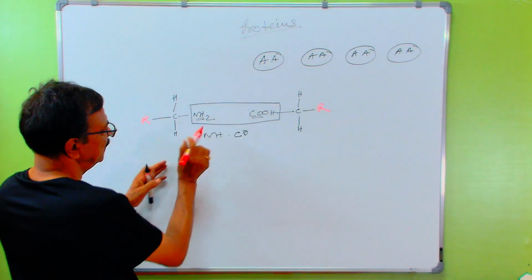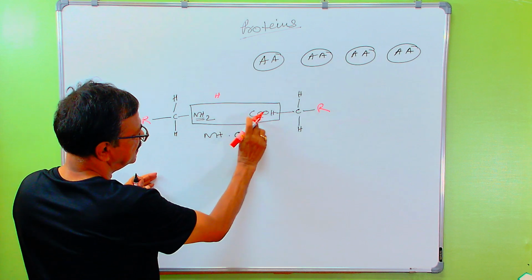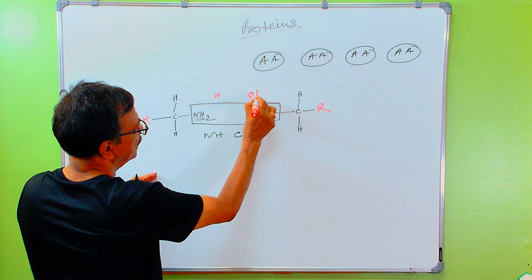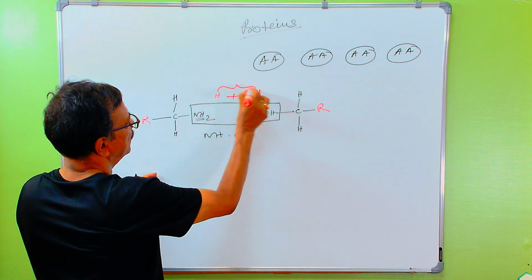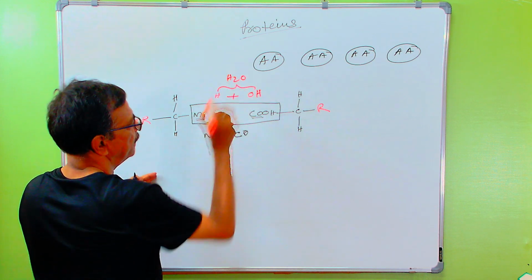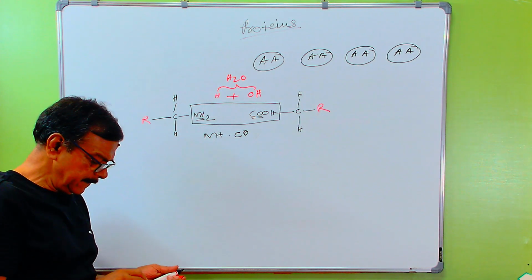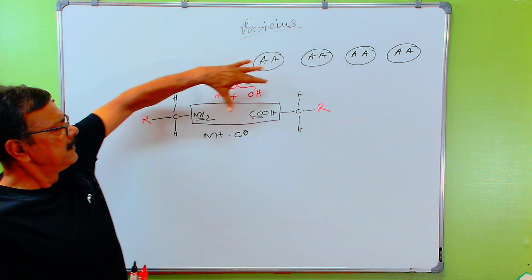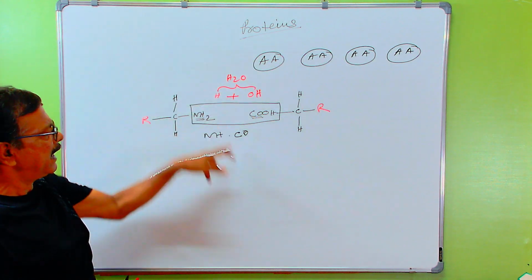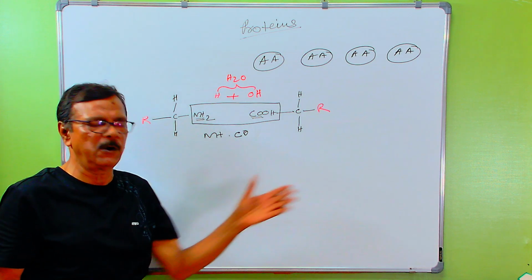What will be left? From NH, one H is left and from COOH, OH is left. These two. So one amino acid remains joined with another amino acid by NHCO bond or CONH bond.